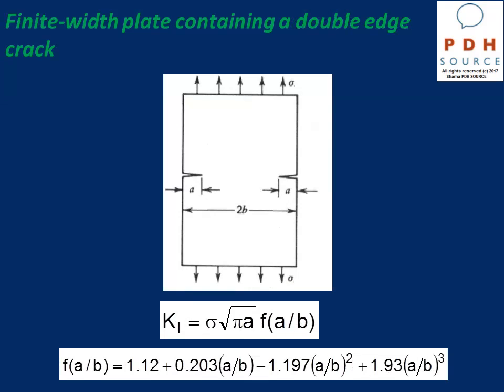Similarly, if we have a finite width plate containing a double edge crack, we have basically the same equation, only the polynomial is going to change, and again note the 1.12 surface correction factor that we mentioned earlier.